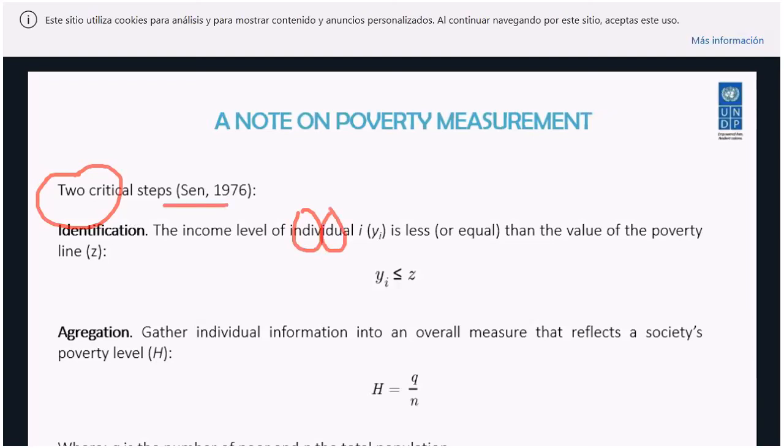we have the poverty line, the typical poverty line. How do we obtain the poverty line? It's a very complex exercise.